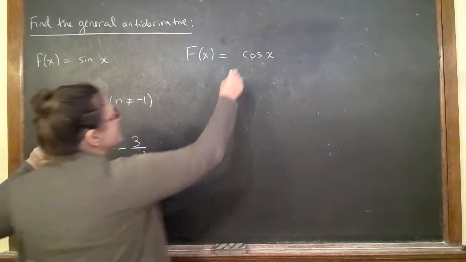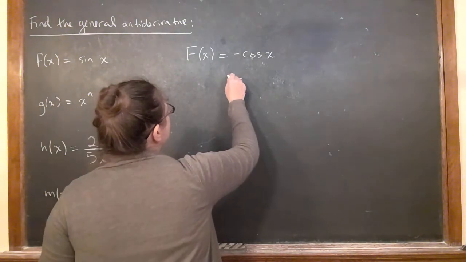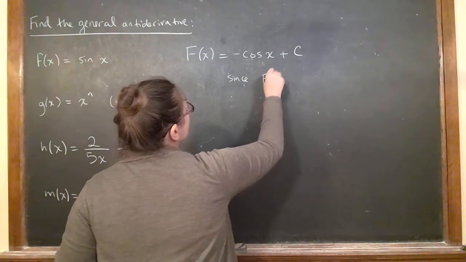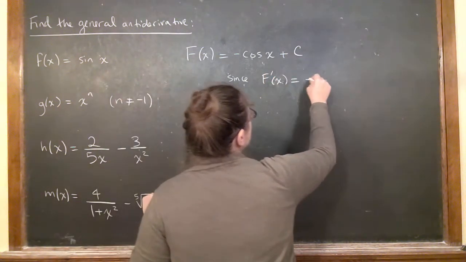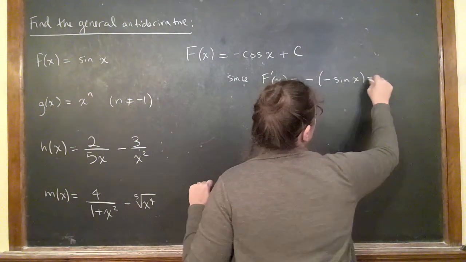So I've got to throw in that negative, and I'm going to put my plus c, since the derivative is the negative of negative sine x, which is sine x.